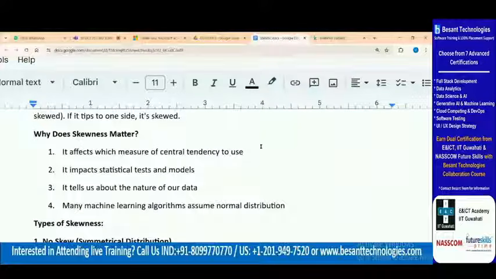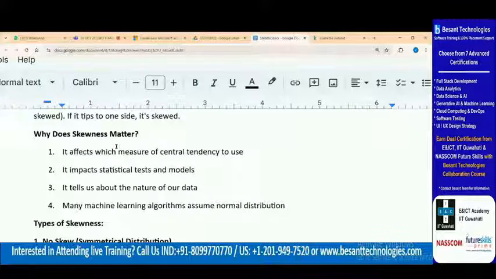In mean, we took a data set like 85, 86, 87 and all. If it has values which represent one side, like left skewed values or right skewed values, at that time you are unable to use the mean, median, mode. So at that time you have to go with skewness and correct the values, then only you can go to central tendency and calculate the tendency we want.